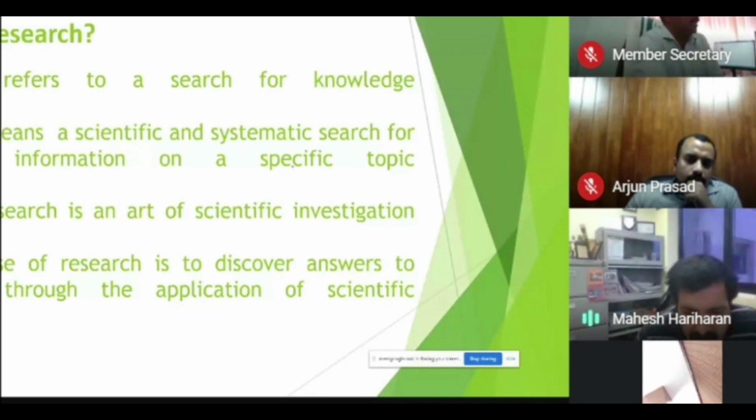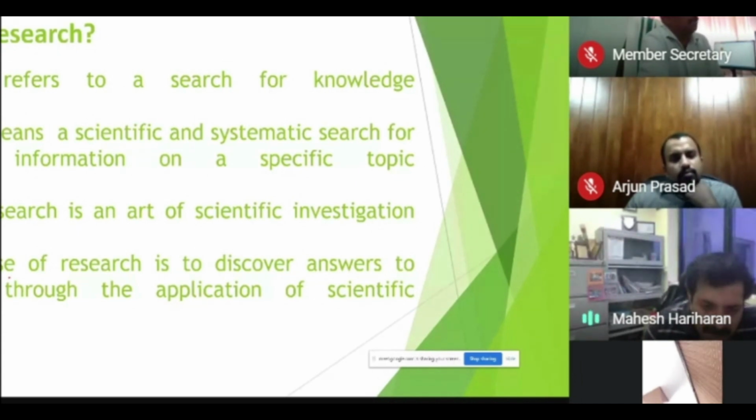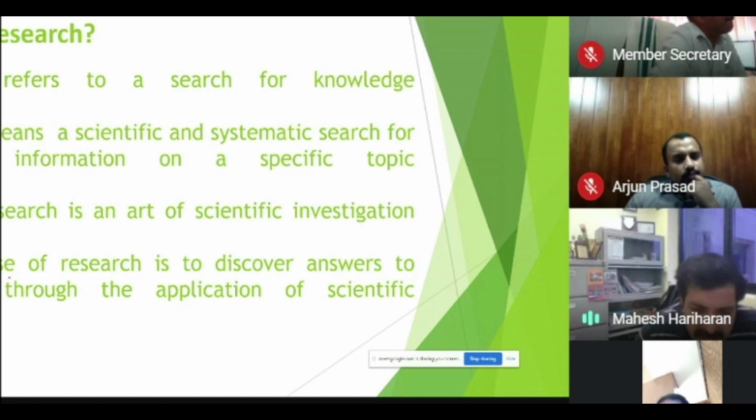Now, the purpose of research is to discover answers to questions through the application of scientific procedures. So, one parameter that you repeatedly see that research involves is a very clear scientific procedure. And this scientific procedure involves lots of methodologies, and that's what we will be discussing today about research methodology.